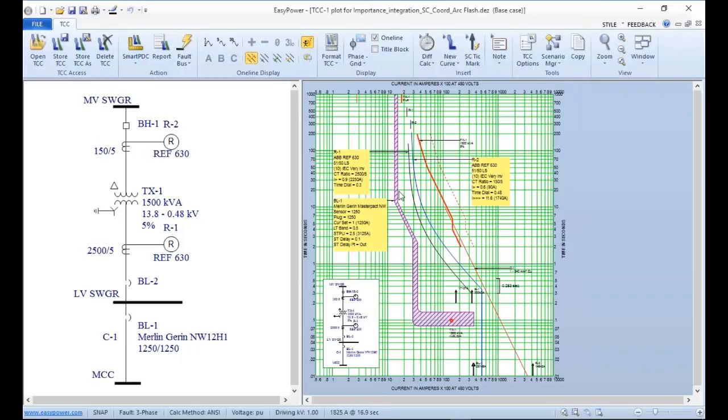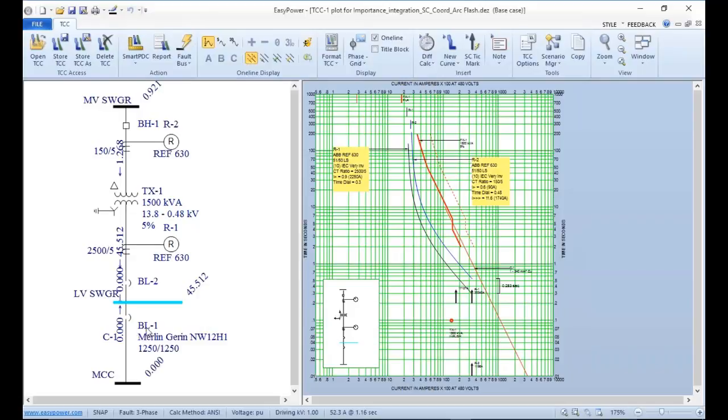This one here is the R1. R1 is this one here. And the blue curve is the R2 relay. I can ask the software to calculate the short circuit here. I click here. It shows the short circuit for half a cycle, 5 or 30 cycles.